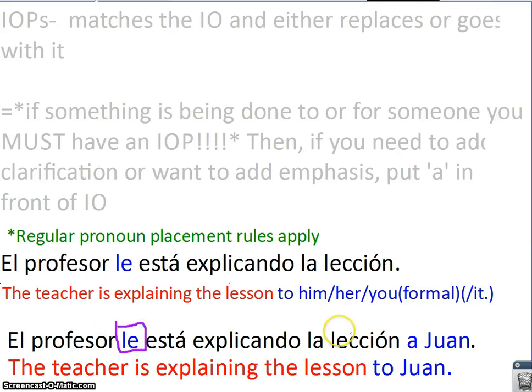I have to have it. But since I wanted to be more clear than this sentence, I added clarification, a Juan. In English, we say the teacher's explaining the lesson to Juan. We don't say to him, to Juan. So if in English both of them are here, we only use the clarification. So go ahead and write those down. Press pause if you're not done.